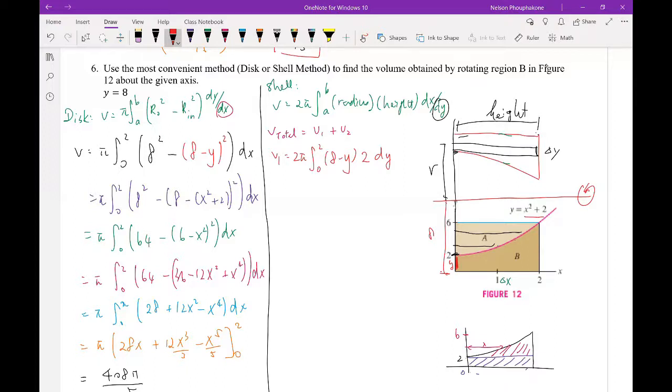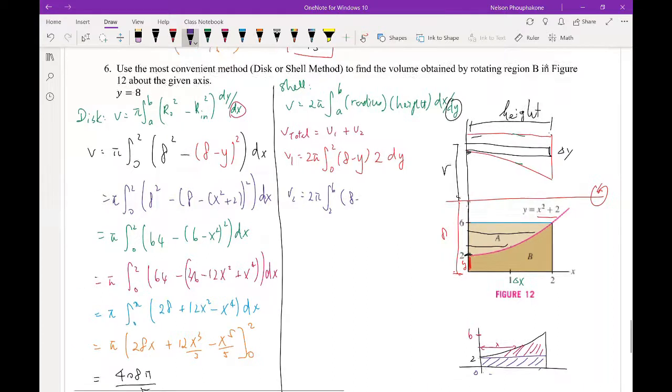Okay, so this is what we have. And then now we need to work with v sub 2. Again, for v sub 2, we are going to integrate between 2 and 6. In this case, the radius will again be 8 minus y.